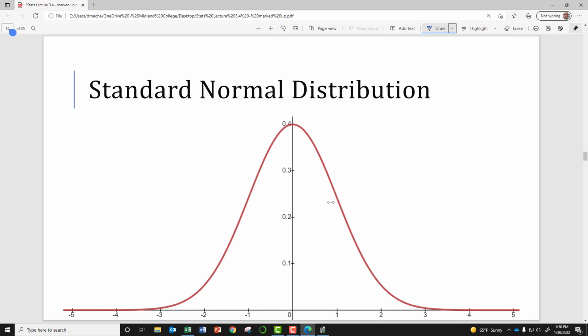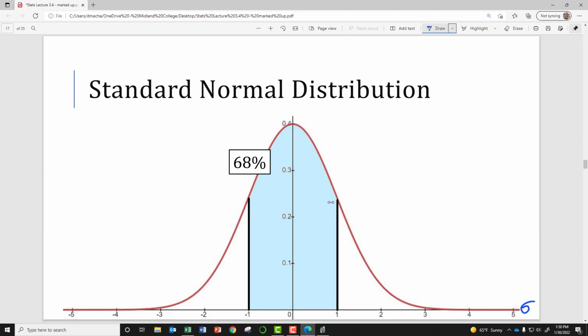This is what a standard normal distribution looks like. This is the PDF function, or the probability distribution function. I want to point out that my X scale is going to be in terms of standard deviations. So sigma means standard deviation.